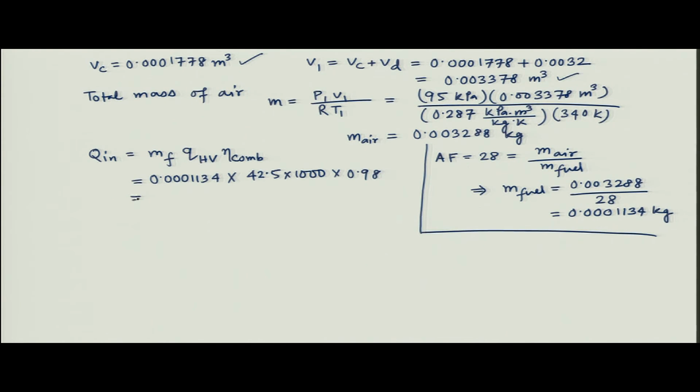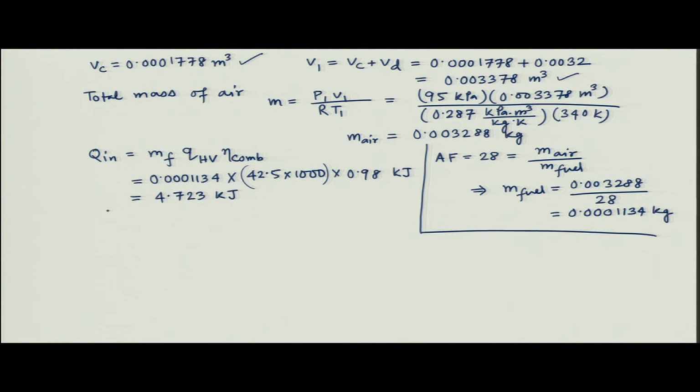So, from this this should be in kilojoule, because kilojoule per kg multiplied by kg will be kilojoule. If you solve it, you will get 4.723 kilojoule. So, that is the heat supplied during the constant pressure heat addition process.